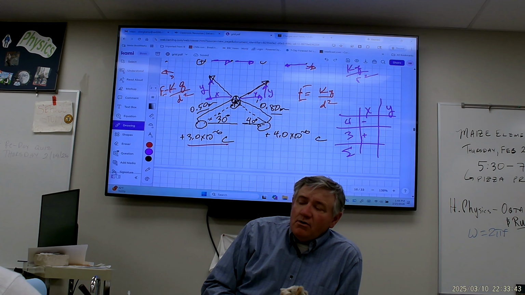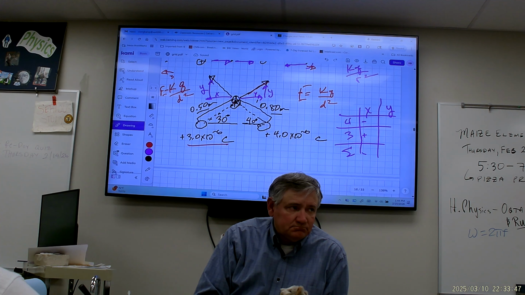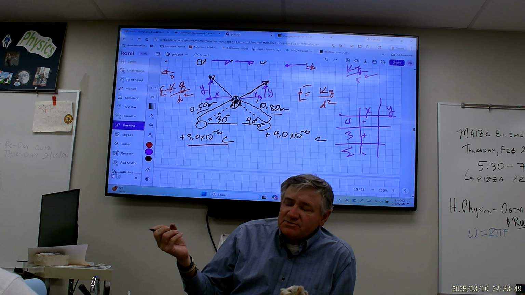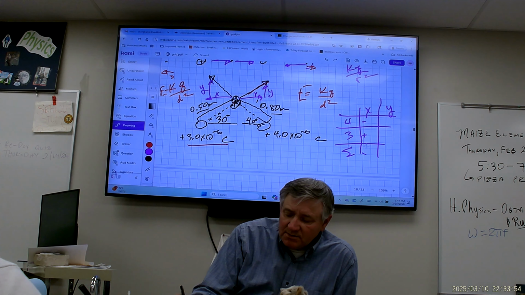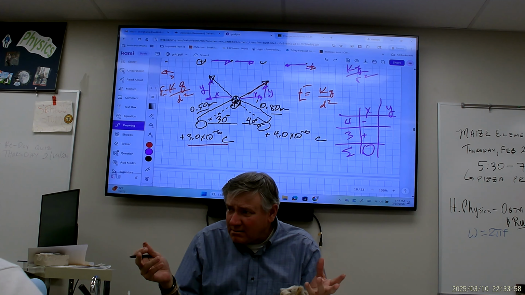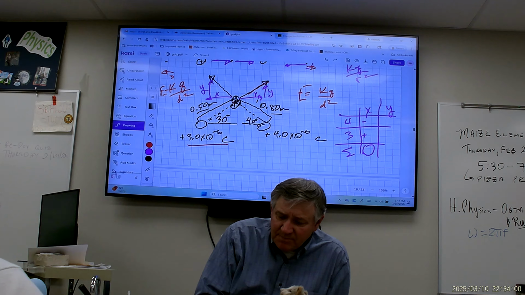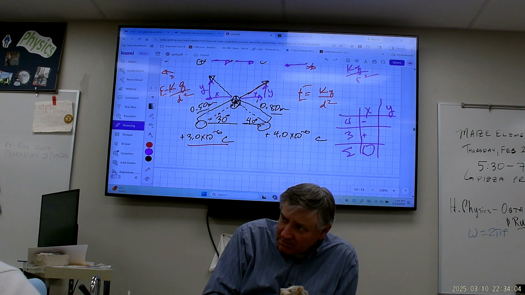So, do you know the sign of the overall X component? You don't know, because you don't know which one's bigger or smaller. But you got to figure it's not probably going to be very big. Because one has a bigger charge, but it also has a bigger distance. One has a smaller charge with a smaller distance.